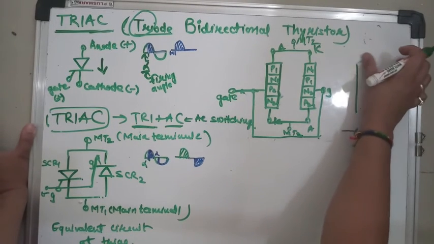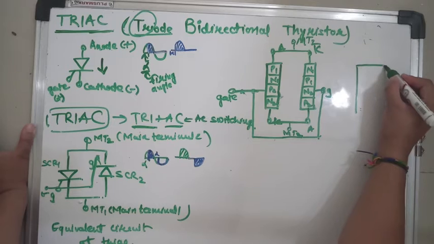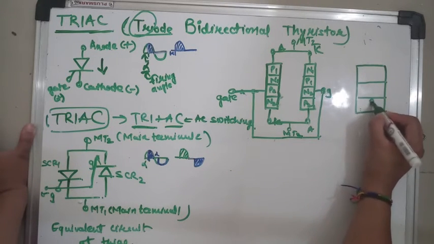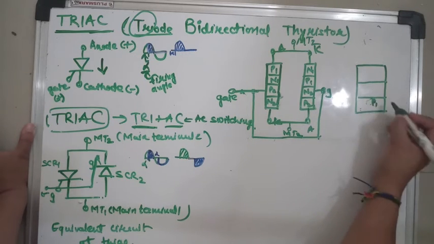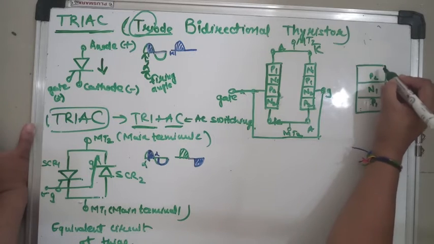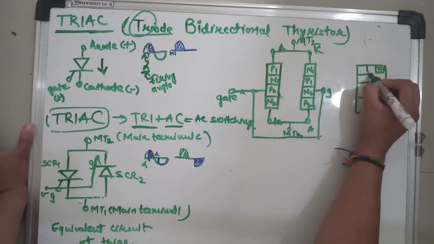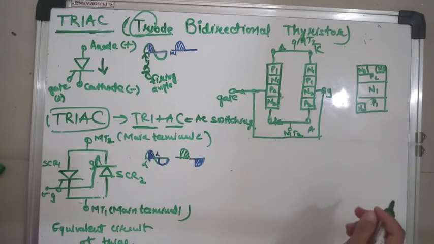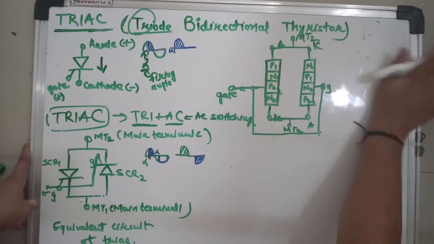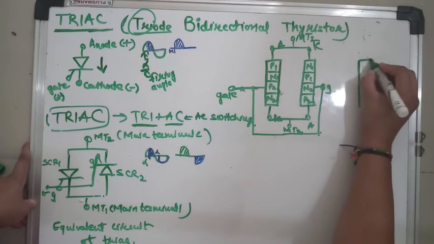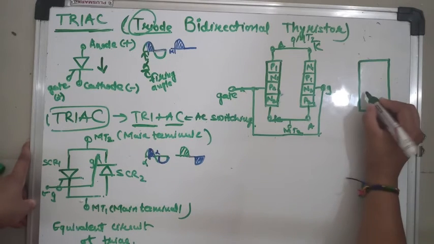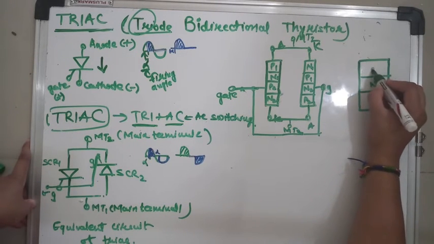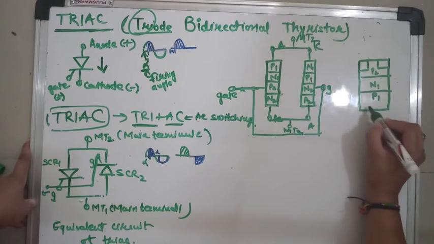If I go to the two-dimensional figure, my structure is like this. Here P1, N1, P2, N2, N3 and N4. I am going to draw a bigger one: P1, N1, P2, here N2, N3 and N4.